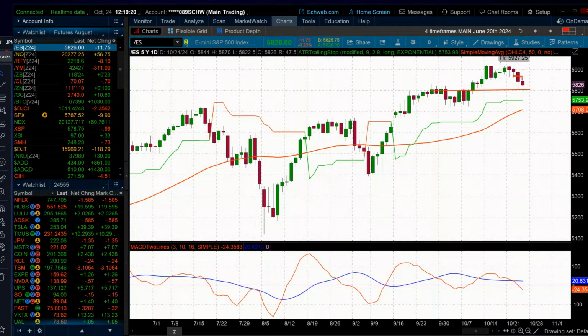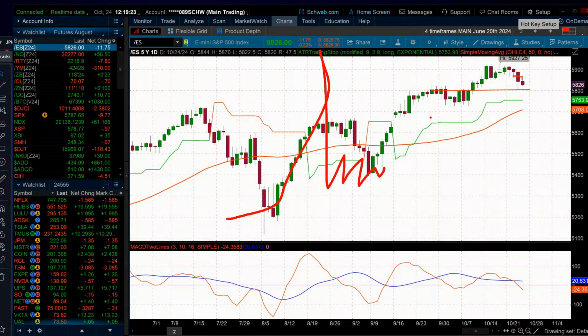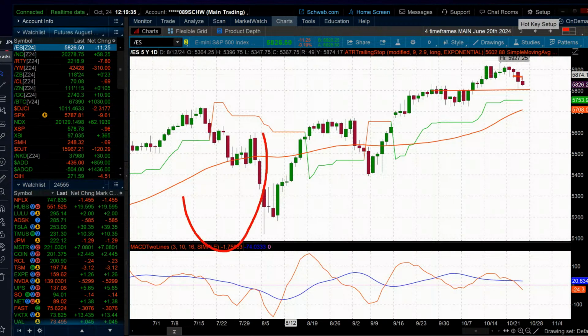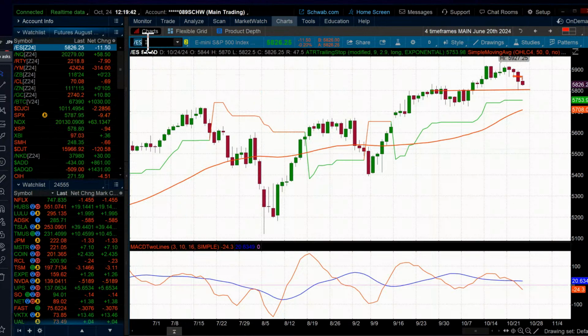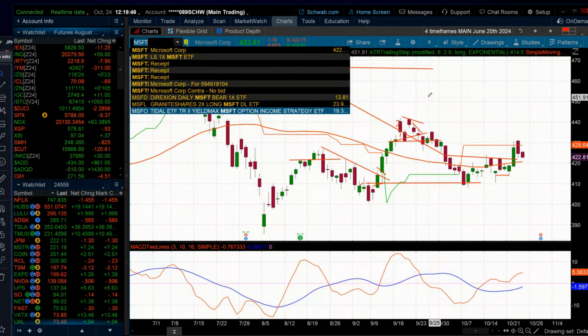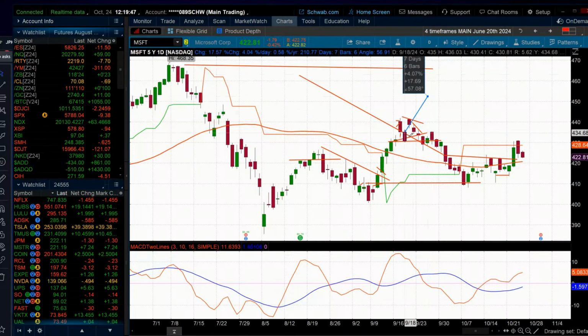And also, keep in mind another thing. When something goes straight up and then goes down, you do not want to buy calls. You're going to get yourself hurt with the premium decay. If you see a bull flag, sure, you could buy in the money calls or out of the money calls. But I've seen more people lose their butt with Microsoft because they bought on the way down.